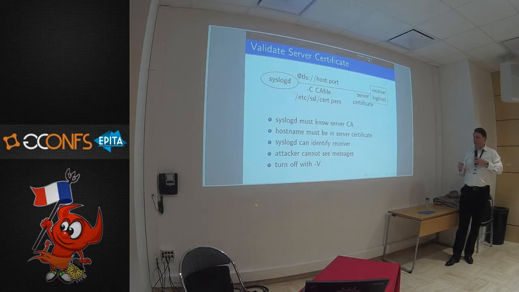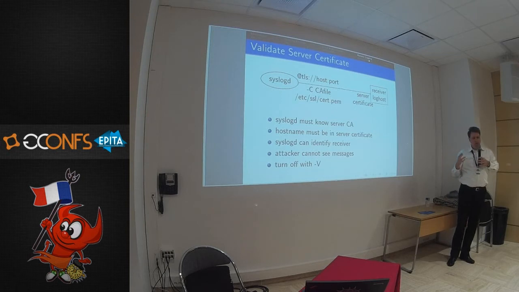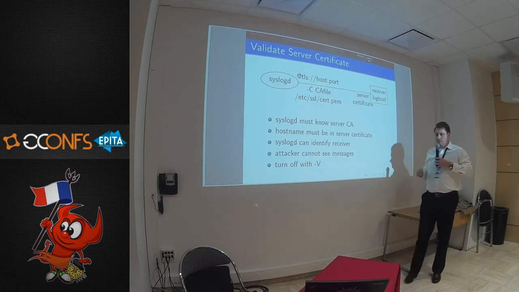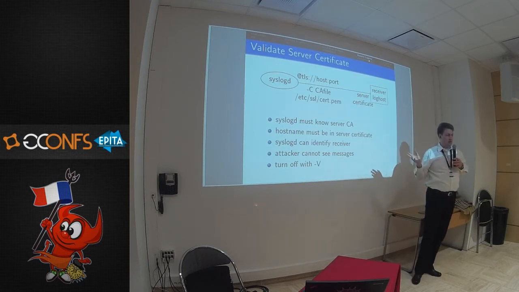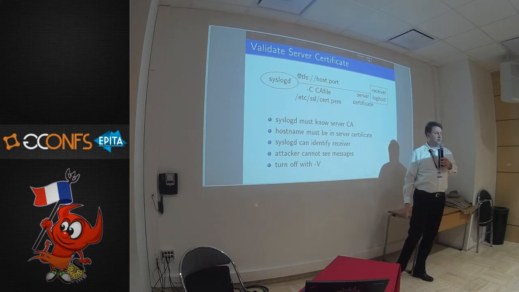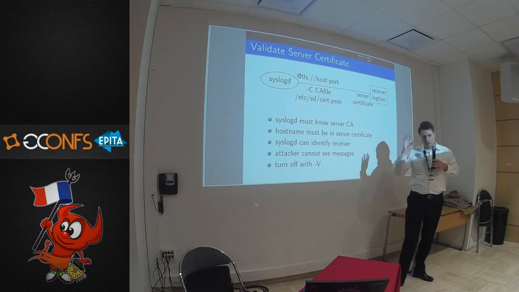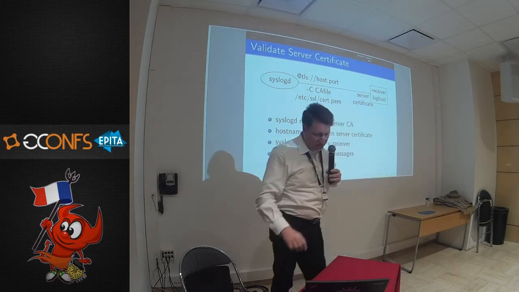And so we can identify to whom we are sending messages, and so the attacker cannot redirect it, and the messages are confidential. And if this PKI thing is too complicated, it's turned on by default, you can just disable it. So for test environments, that might be useful, or if you don't care who's reading your messages and just want to get them off, use -v.